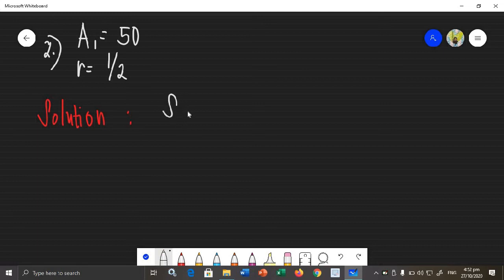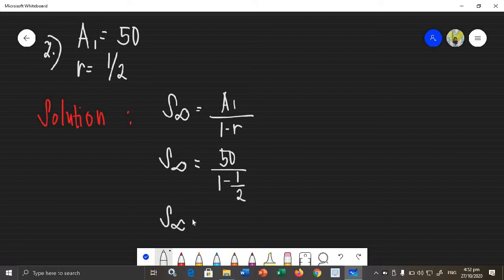So the formula is S sub infinity is equal to a sub 1 all over 1 minus r. So S sub infinity is equal to 50 all over 1 minus 1/2. So S sub infinity is equal to 50 over 1 minus 1/2, that is 1/2.